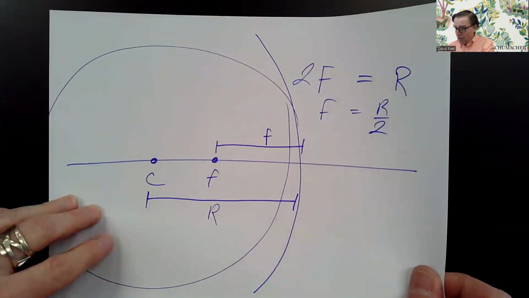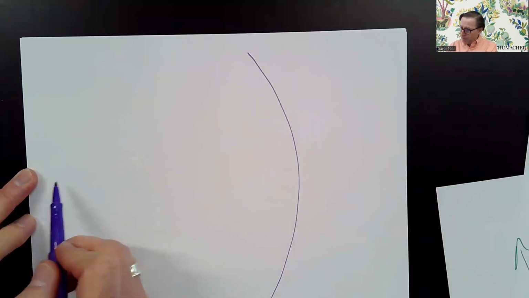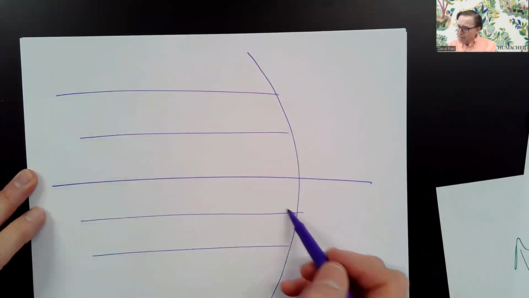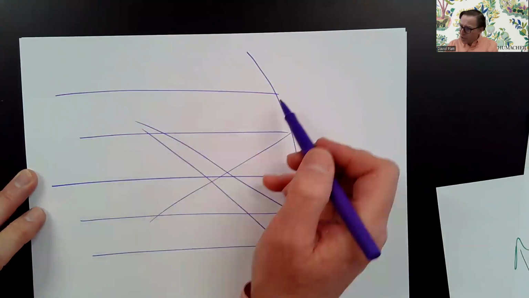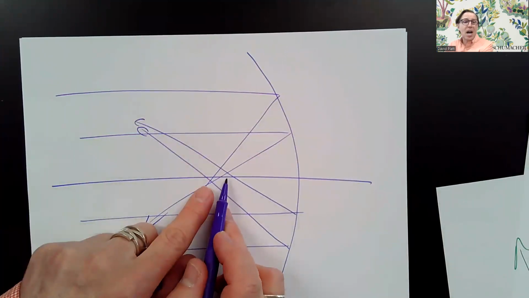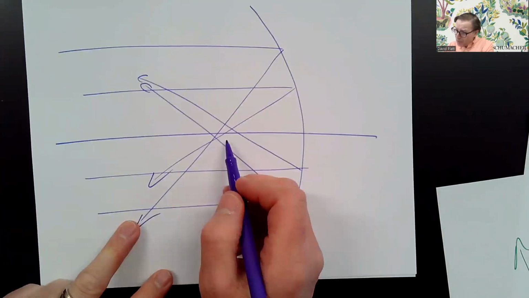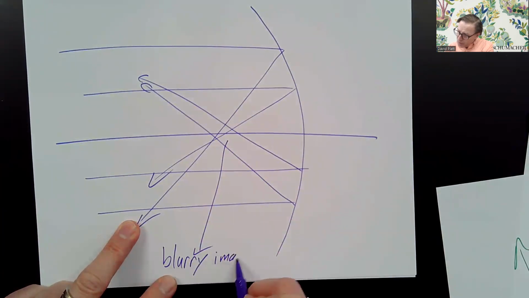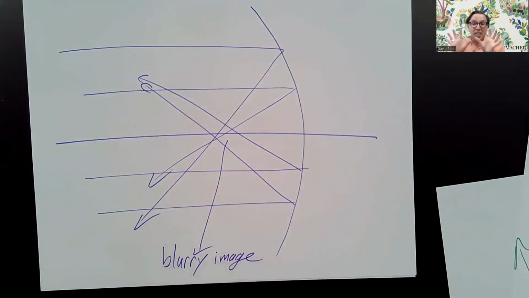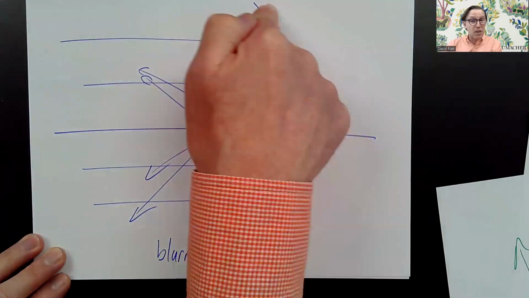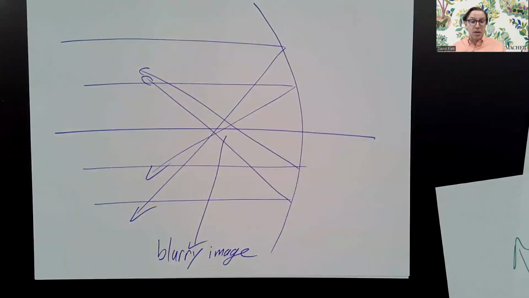If it's a spherical mirror, so now let's pretend it's a spherical mirror, these rays of light that come in parallel, they get reflected pretty close to all through the same place, but not quite. And that is going to produce a blurry image. It's not going to be super sharp and clear and pretty. It's going to be a little blurry because I used a spherical mirror instead of a parabolic mirror.